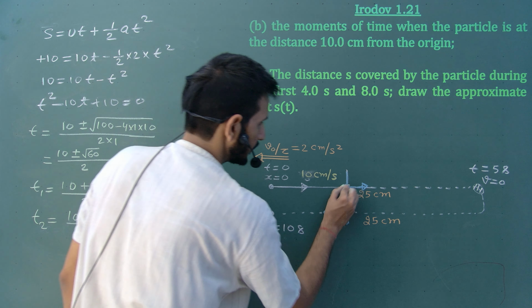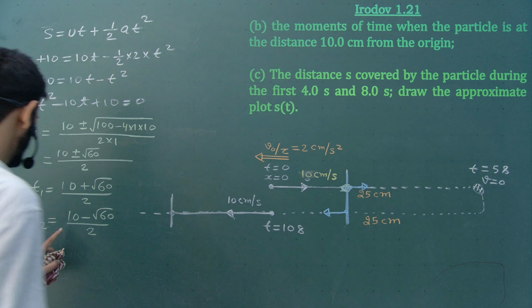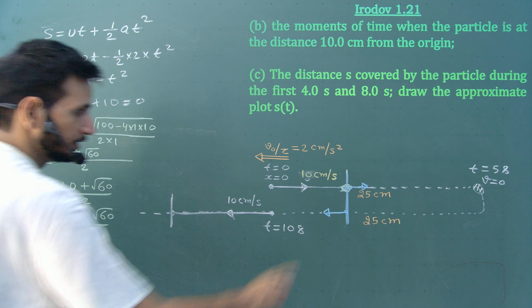This time is T1, this time is T2, because this is less and this time is T1. Now I have to calculate this time. How to calculate this time? When the particle is at this position, the S is minus 10.